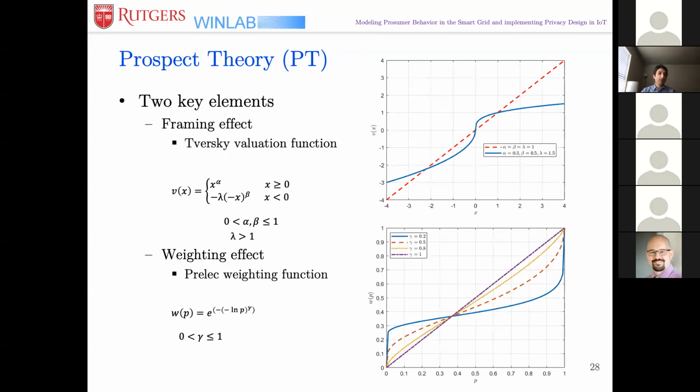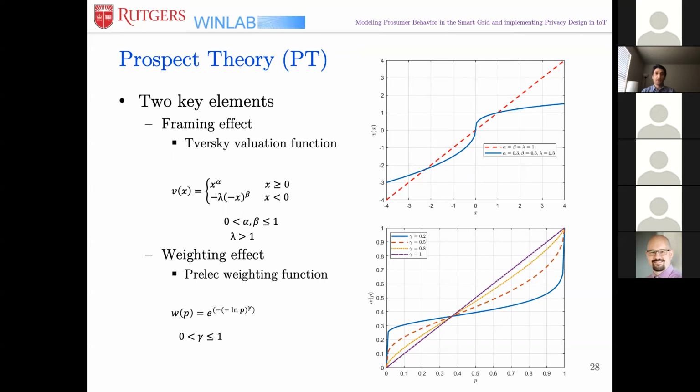Okay, let's first outline the typical formulation of PT. Instead of being uniformly risk averse over all outcomes, people behave differently on gains and losses, and they are more sensitive to losses than to gains.